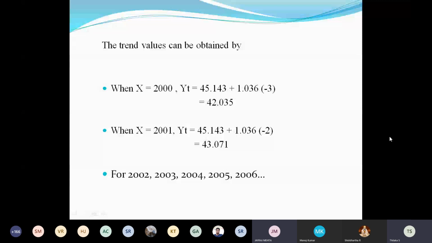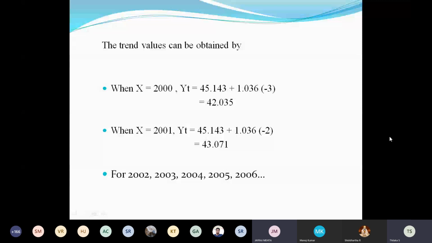To calculate the trend values, we are just substituting the time period in the place of x. The trend line equation is y is equal to 45.14 plus 1.03x. In the place of x, the value of the time period has to be taken. It starts from the year 2000. For the year 2000, the capital X value is -3.